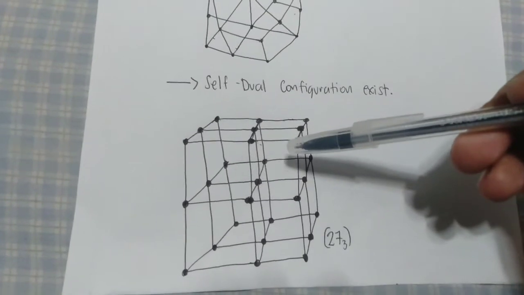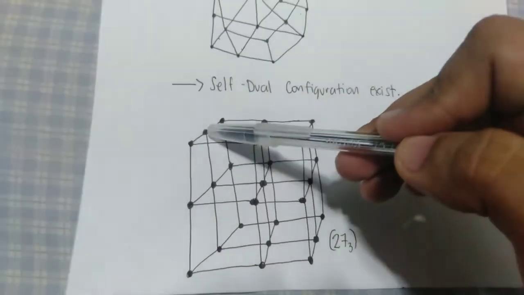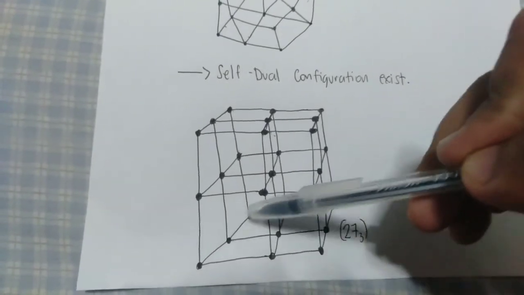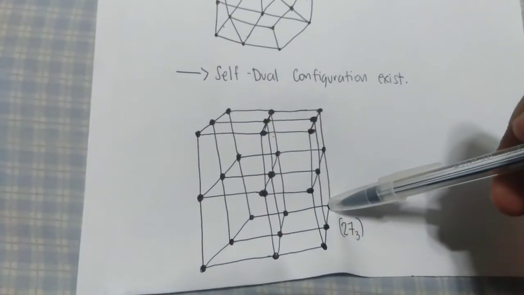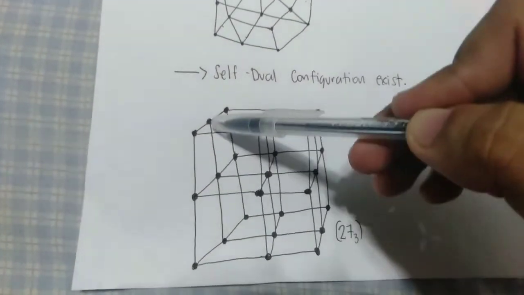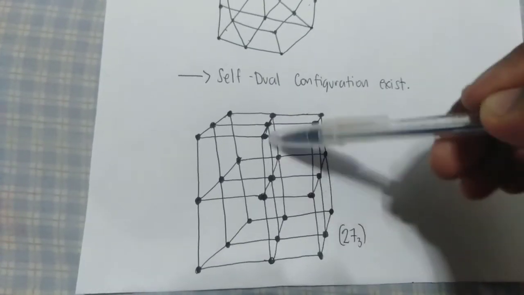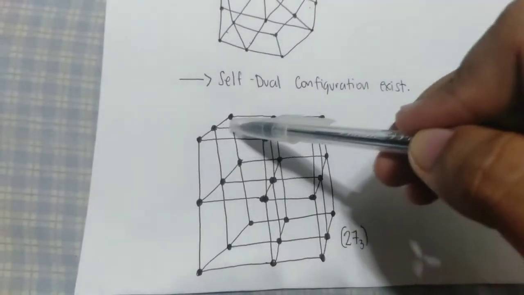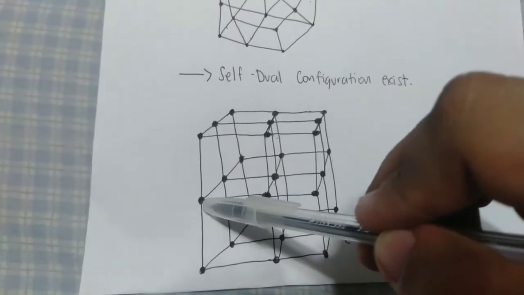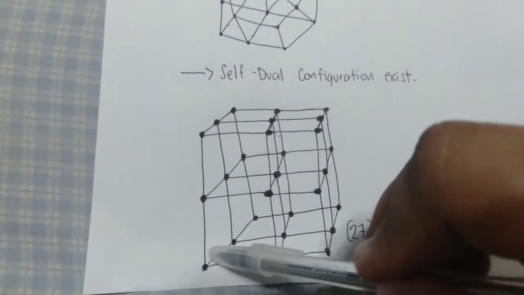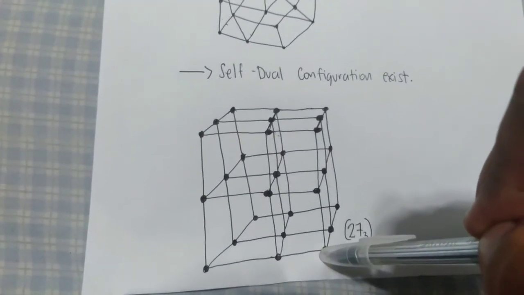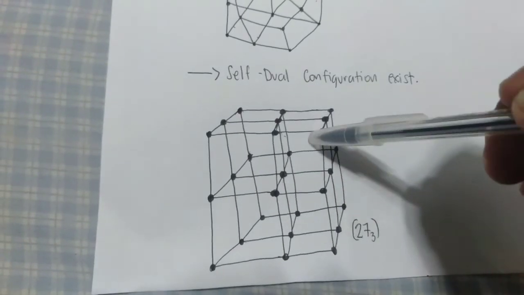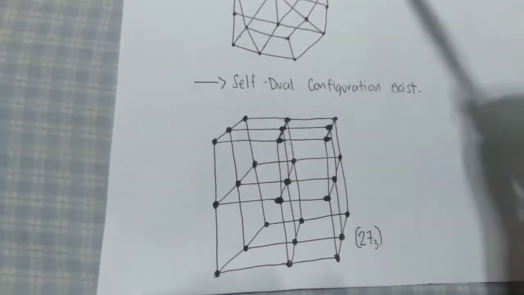It has 27 points and 27 lines. 1, 2, 3, up to 27 vertices, and lines 1, 2, 3, up to 27 lines.